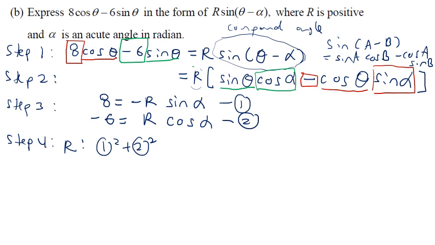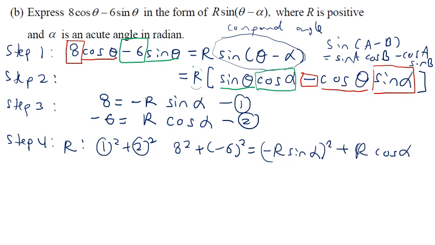So here we got 8 squared plus negative 6 squared, so equals to negative r sine alpha, so we squared, plus r cos alpha also squared.